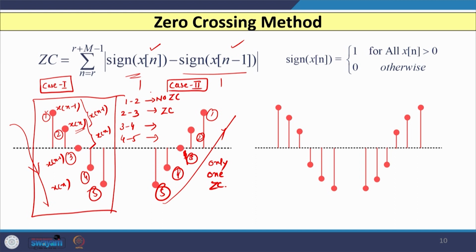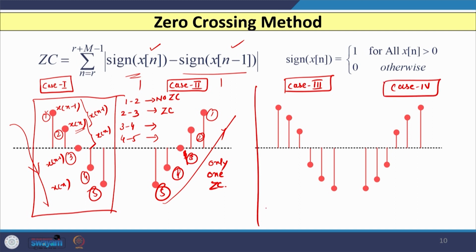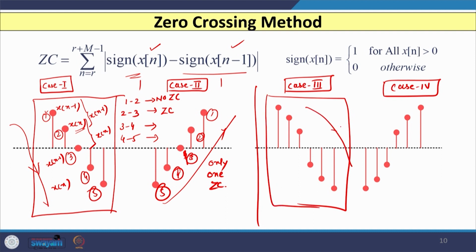So, this is your case number 2. Now, if I consider the third case, let us say this is case number 3 and this is case number 4. When you consider this side, I have shown again from positive to negative, but the only difference is we are not taking any sample at the 0 point, there is no sample in between. So, we have these 2 samples, sample number 1 and sample number 2.